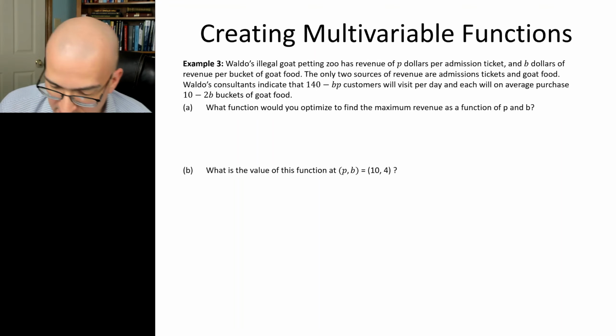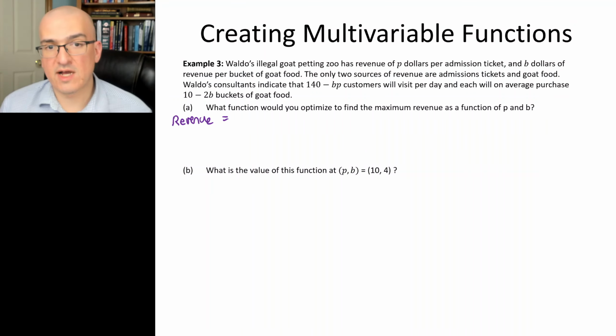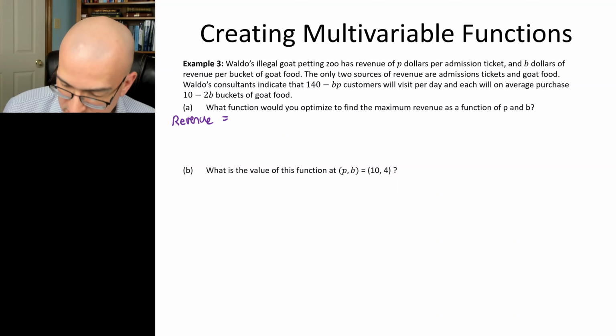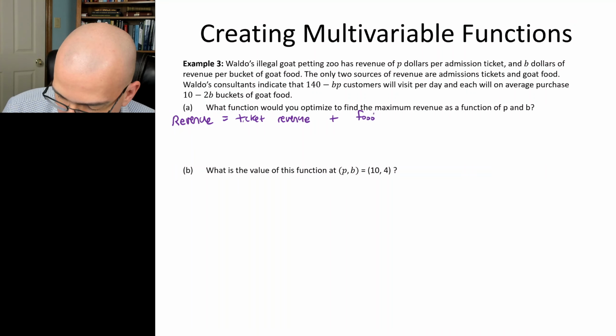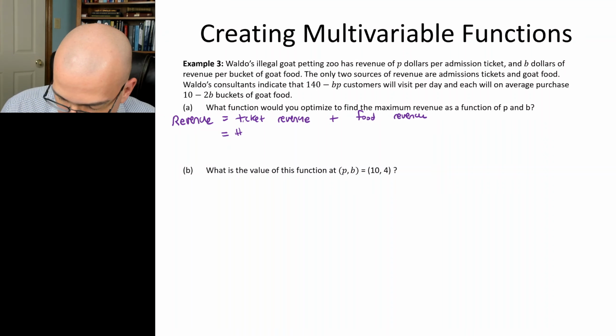So the function that we're after, the revenue function, is equal to the sum of both types of revenue, is equal to the ticket revenue plus the food revenue. The ticket revenue is equal to the number of tickets sold times the price.